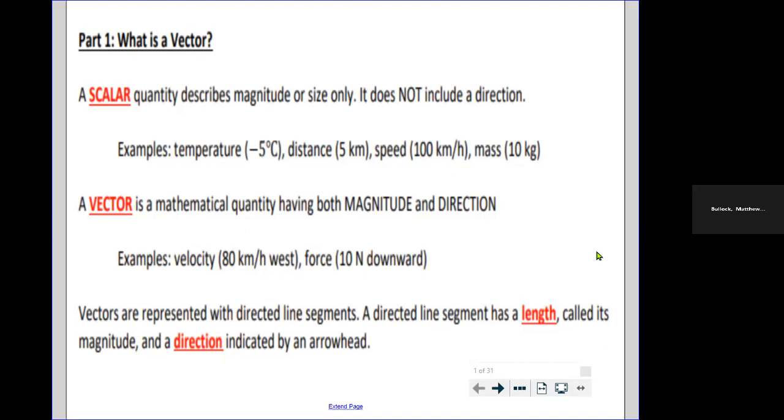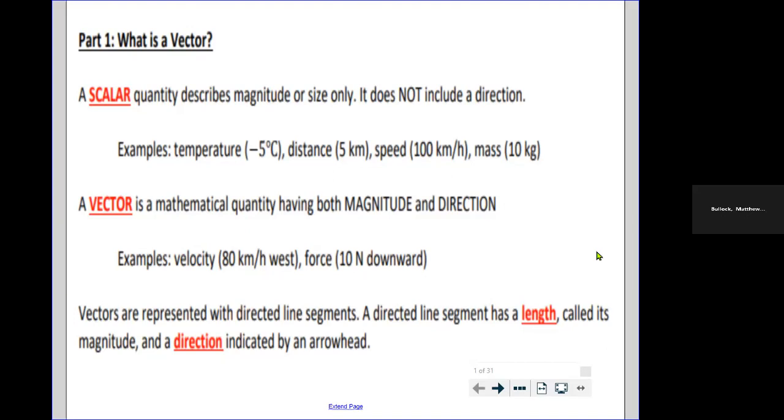Now, a scalar quantity describes magnitude or size only. Those are things that have no direction. So in science, your mass, speed, distance, temperature, those are all examples of scalar quantities, while a vector is a mathematical quantity that has both a magnitude and direction.